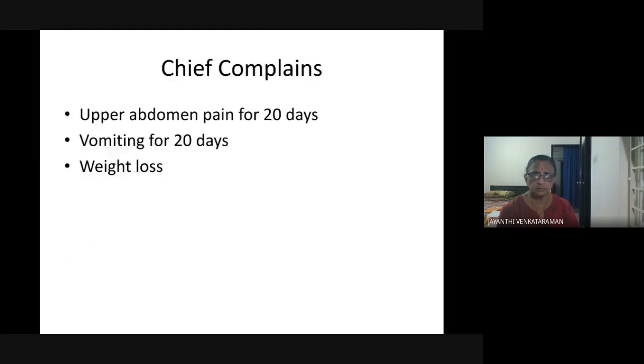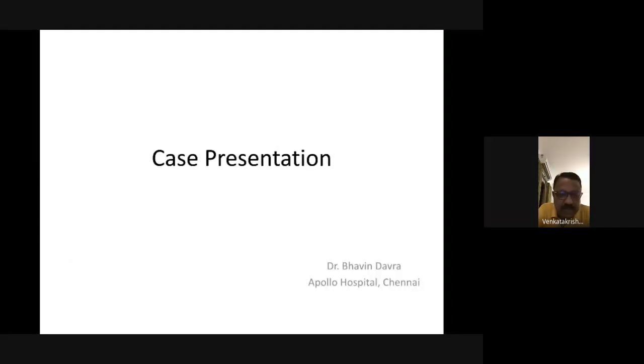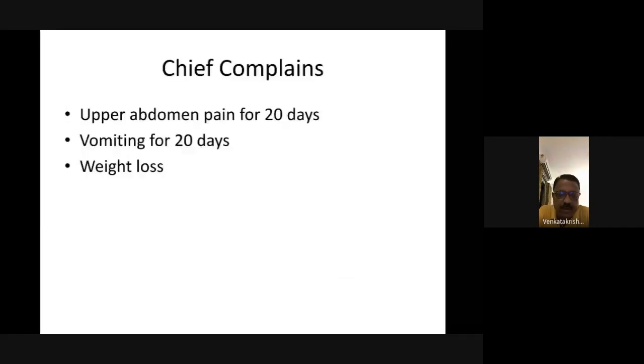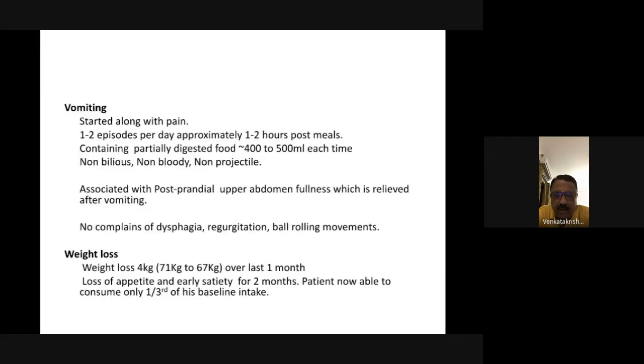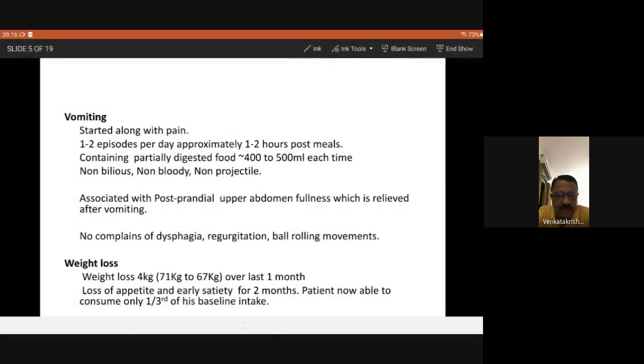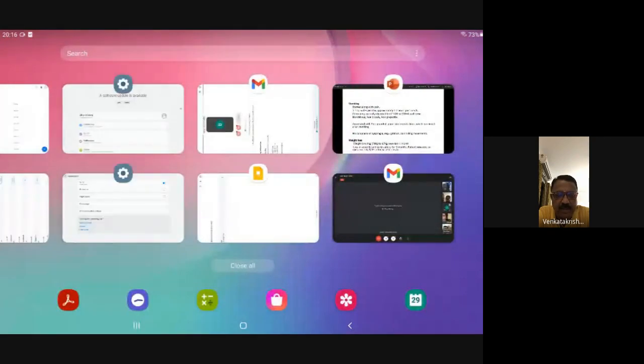So when you analyze this patient's symptoms, it is predominantly early satiety and loss of appetite for 2 months. Gradually, he is not able to take food and it has come down to one-third of baseline intake. Followed by that, he has 20 days of abdominal pain, which is increasing postprandially.